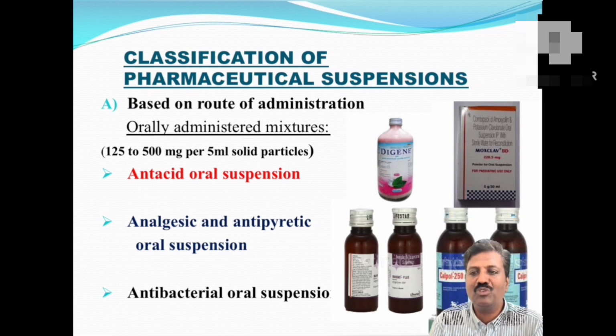Then the analgesic and antipyretic oral suspension. Nowadays suspensions are very popular because many pediatric formulations are available in suspension form. If your child has a fever, we go with paracetamol suspension.